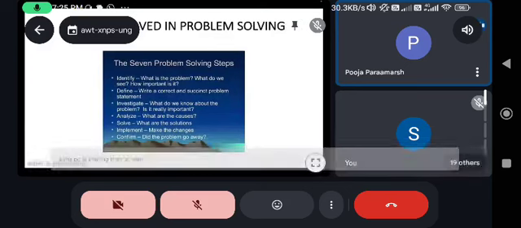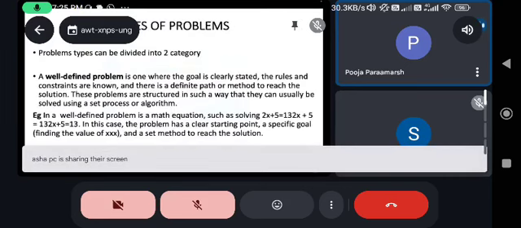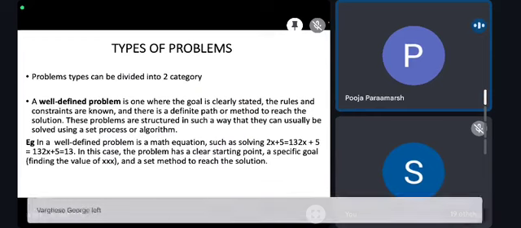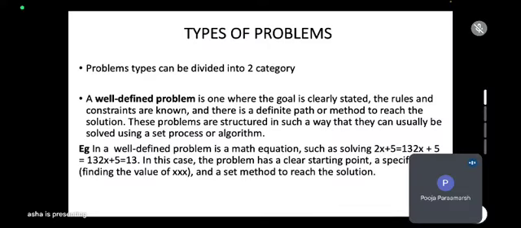Moving on to the next topic, which is types of problems. There are two types of problems: one is a well-defined problem and the other is an ill-defined problem. A well-defined problem is one where the goal is clearly stated, where we are clear that our goal is to clear MSc Psychology, right?